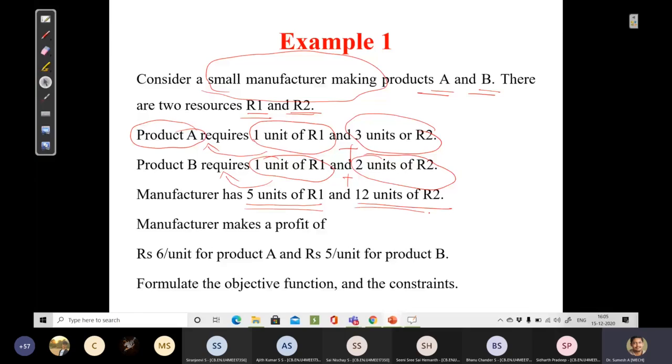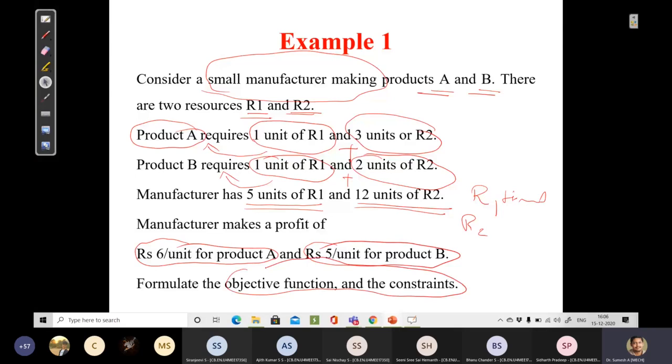So this is the constraint: R1 is limited to 5 and R2 is limited to 12. The manufacturer makes a profit of 6 units for product A and 5 for product B. So formulate the objective function and the constraints. That is the question.